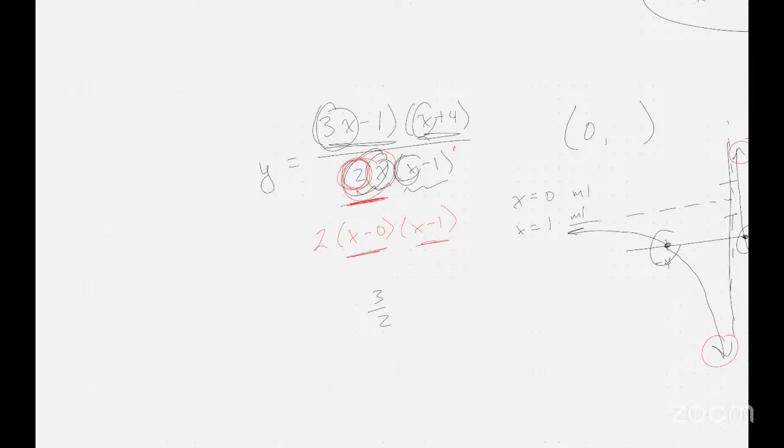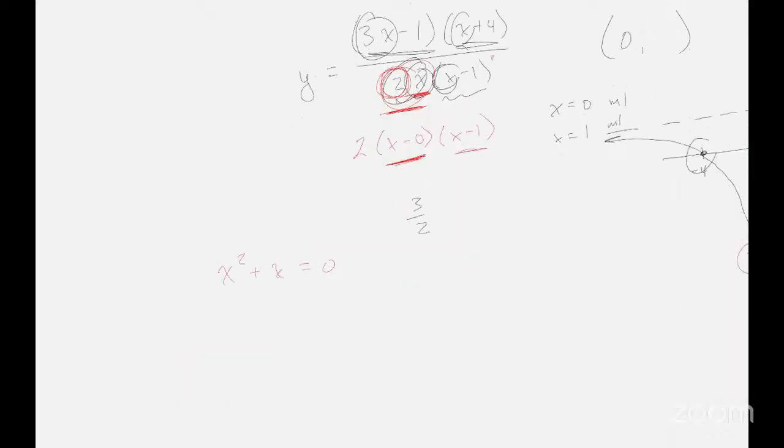Zero product property: if I have x squared plus x equals zero, I'm just trying to solve this equation, and factoring it using the zero product property helps me solve it easier, because if this times this equals zero, the only way that can happen is if this equals zero or this equals zero.